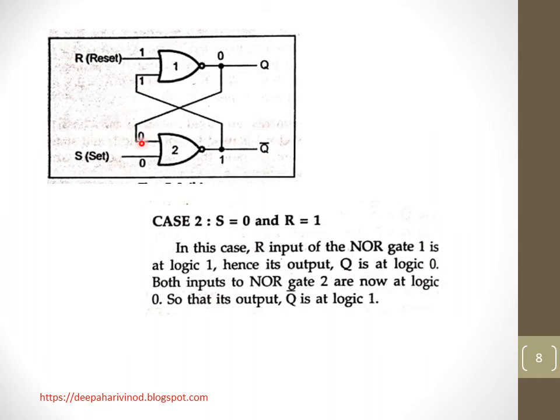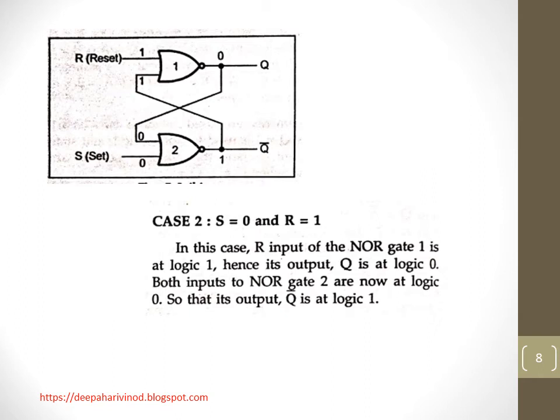That 0 comes here. 0 and 0 both are 0. So, the second NOR gate output will be at logic 1. Both inputs to the NOR gate 2 are now at logic 0. See, NOR gate inputs are 0. So, the output of the Q bar is at logic 1. That 1 goes here and with 1 we will get 0 as the output.